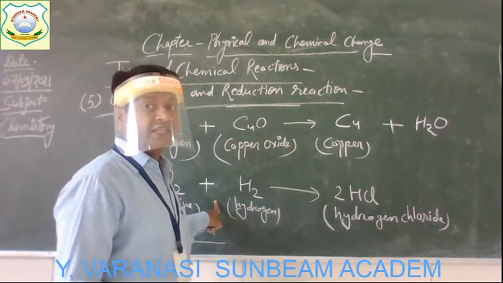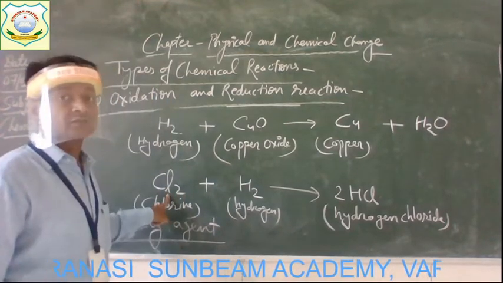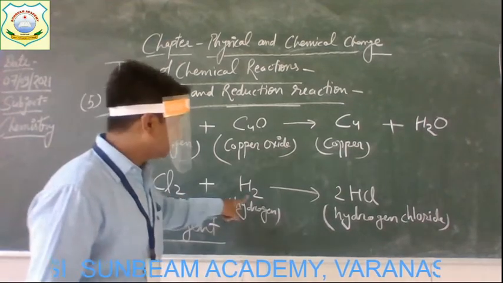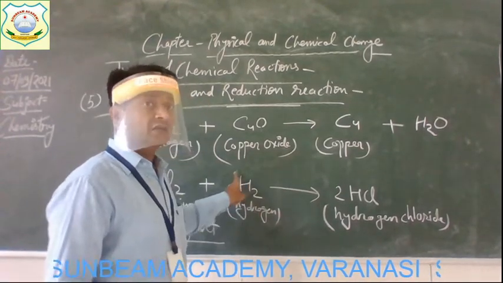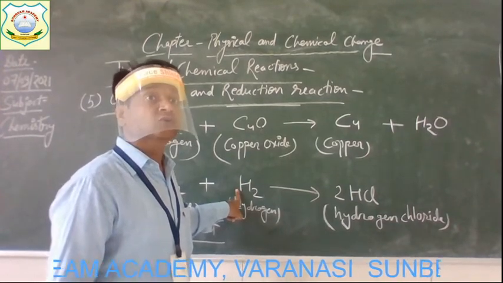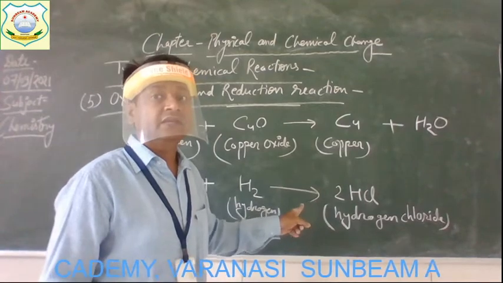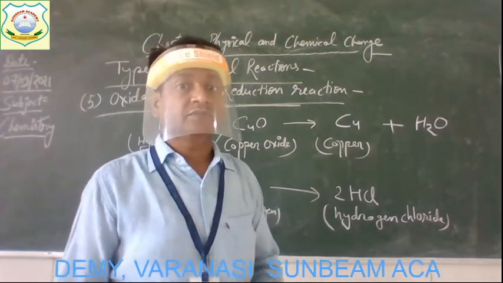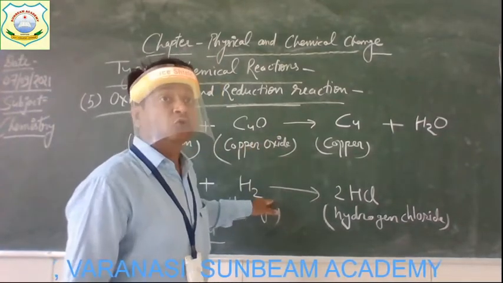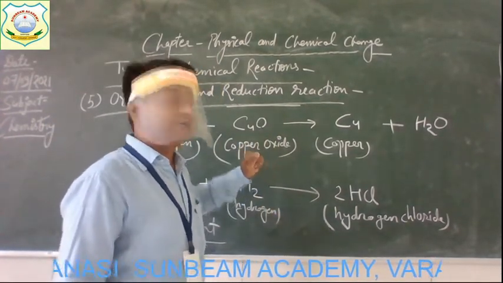Now the second example, who has added the hydrogen? Who has added the hydrogen? Me. Isn't it? So here hydrogen is also the reducing agent because it has reduced the chlorine and gets combined with it. Clear? Understood everyone? So in both the examples, who is the reducing agent? Hydrogen is the reducing agent.